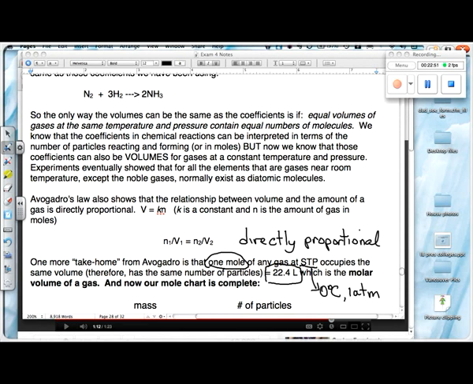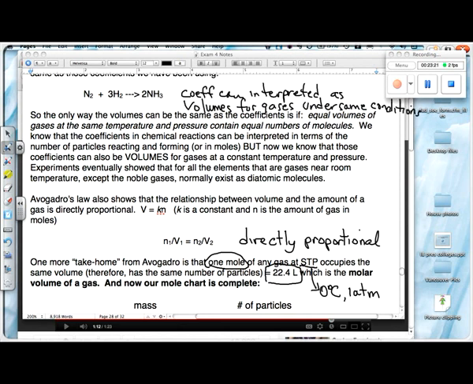So before I leave this page, coefficients can be interpreted as volumes for gases under the same conditions. Okay, so that's one thing we have learned here.